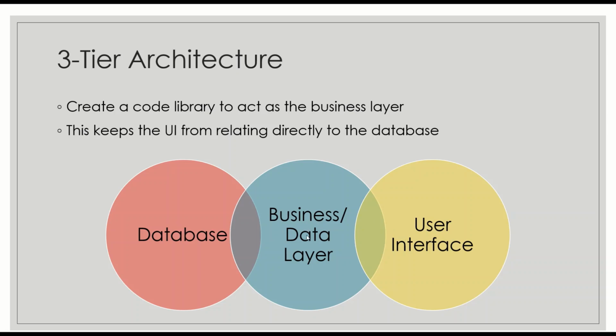We have this level of abstraction in between so that our user interface doesn't directly know anything about the database. All it knows is calling methods from the business layer. And the business layer handles the details of how the actions actually take place in the database. So it provides us some additional levels of abstraction and security.